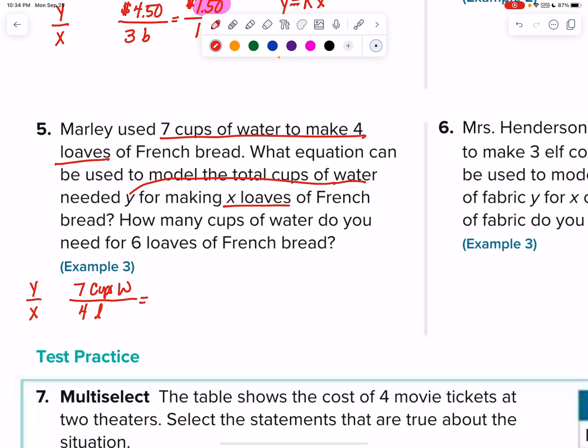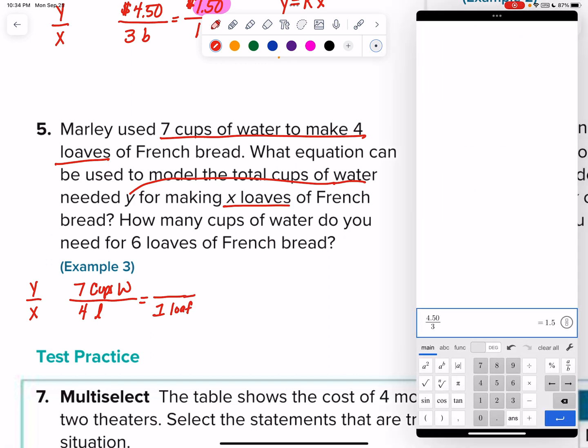So let's create our unit rate and find out how much for 1 loaf. And so how do you find unit rates? We take our numerator divided by our denominator every single time, and it's 1.75 cups of water.